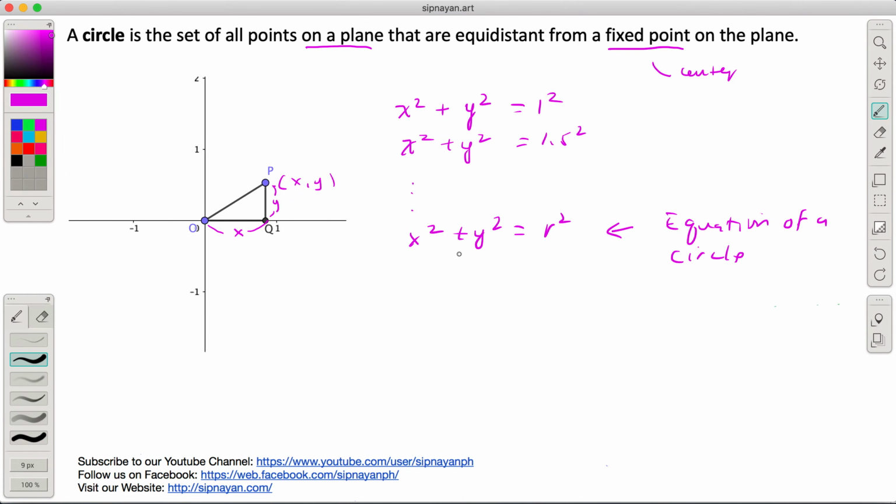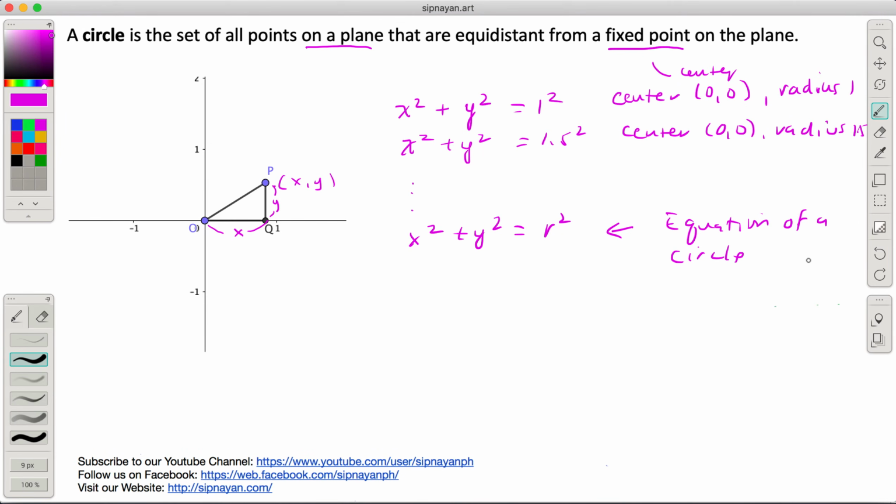These are circles with center at the origin, 0, 0, and radius 1, and another centered at 0, 0 with radius 1.5.